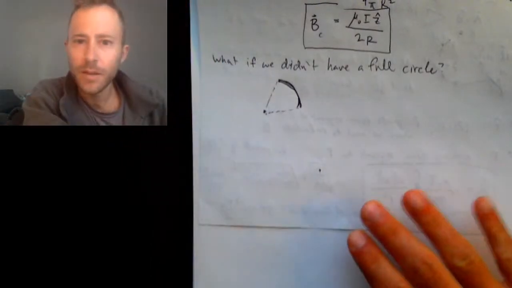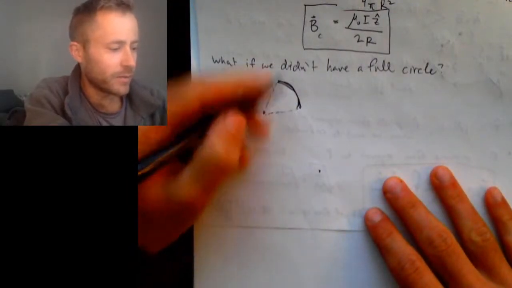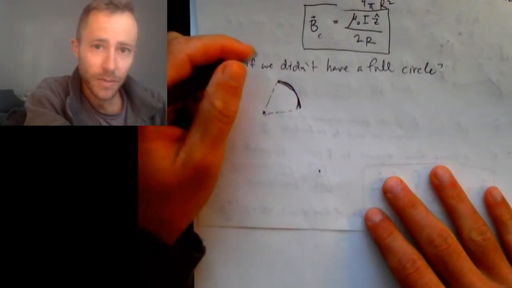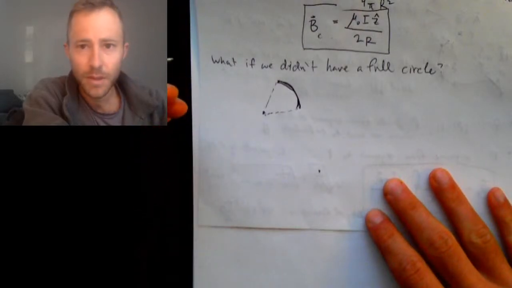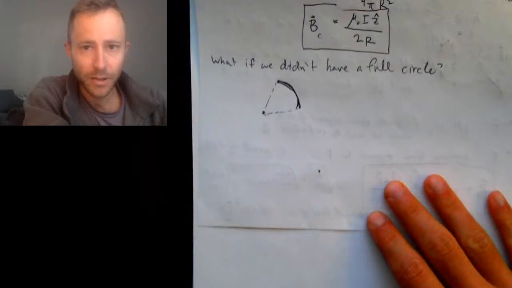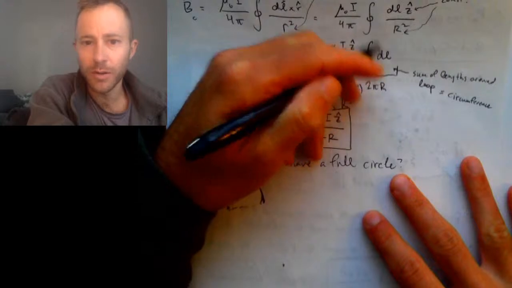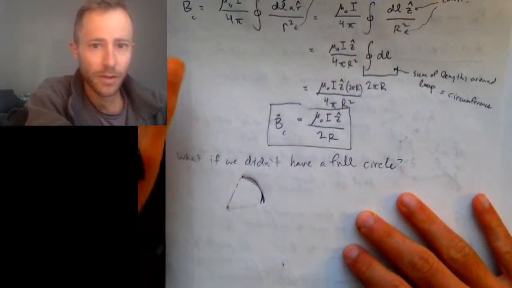And we want to know the magnitude of the magnetic field due to this circular arc. You could go through the entire calculation and it would be exactly the same as before, only when we're summing the lengths, we wouldn't go all the way around the circle. We would only go around the arc.